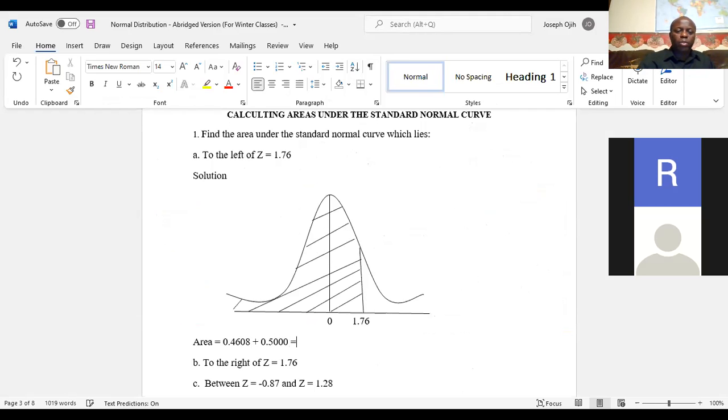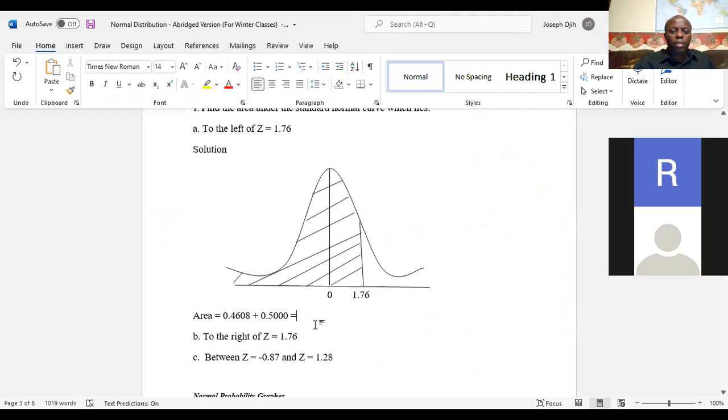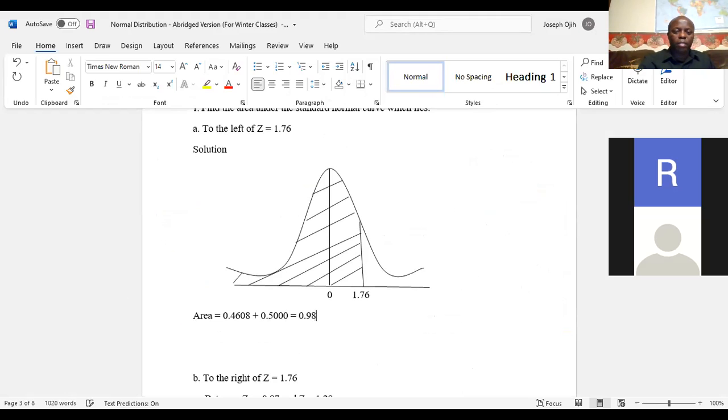If you add them together, you can double check with a calculator, the answer you get will be 0.9608. Or if you like, I can call it 96.08%. Any question to this?